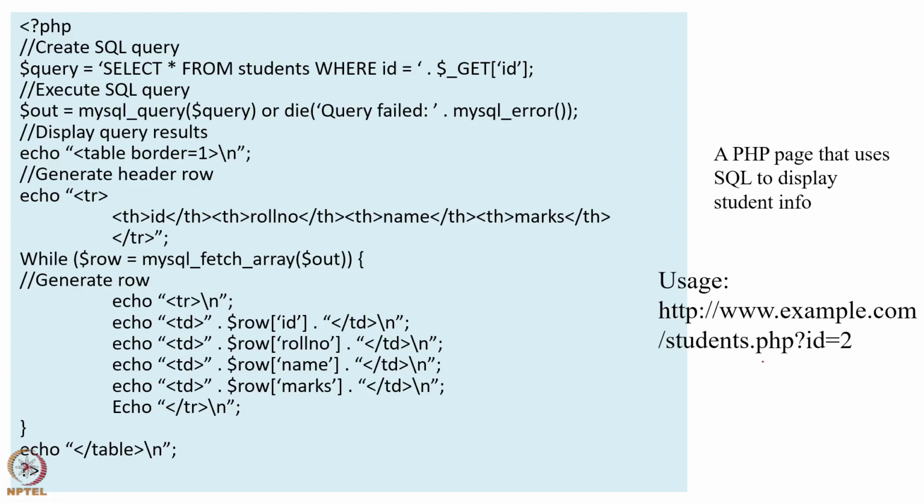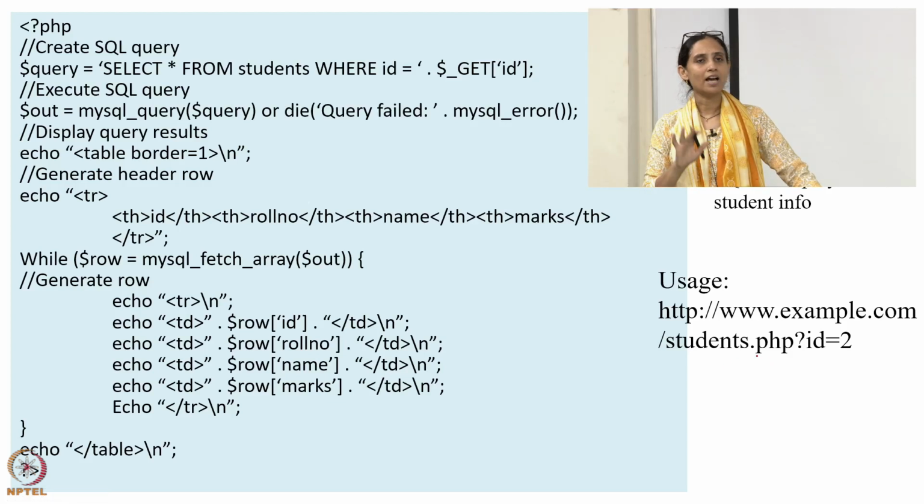So, this is an example. By the way, this does not have any attack yet, I will get to the attacks later. This is a regular PHP script, okay, where a user, a client, has typed this URL in the browser, saying visit this host example.com, and within that server, invoke the students.php script and give it an input 2.